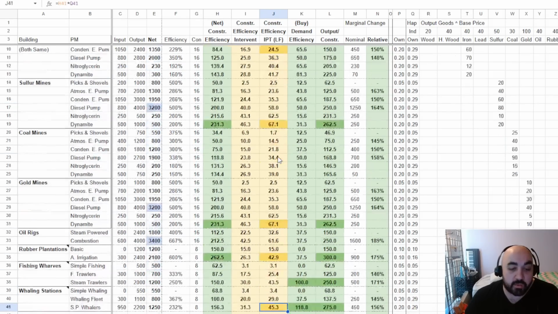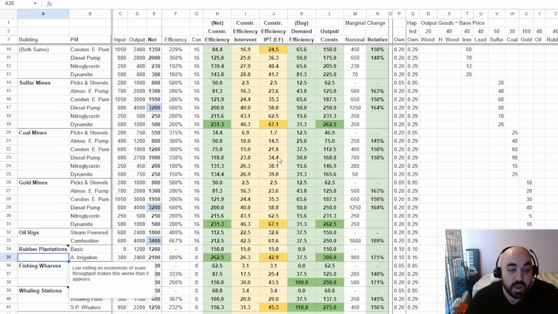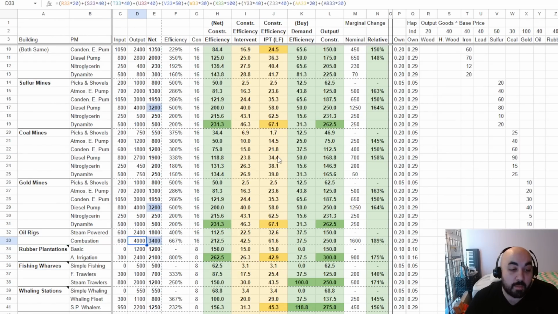We take a look at oil rigs. We will see that it's 61. But this fails to capture that oil gives you extremely good PMs. So on top of it being extremely profitable, it's going to give you really good PMs. And so because of this, you really want to build a lot of oil. And if the oil price is low, you want to export it, because it's the same idea as the sulfur, where you want to have a higher amount of these buildings that are extremely efficient in terms of their output minus their input.